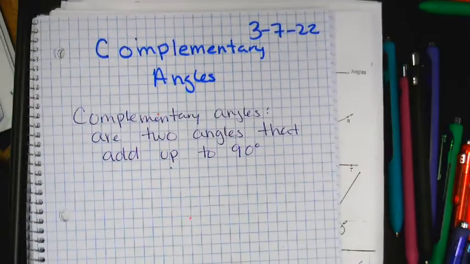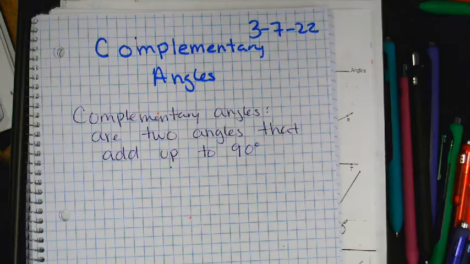Okay? What does 90 degrees look like? Right angle, like a little square. So, like an L, like the corner of your paper. All that is complementary angles.